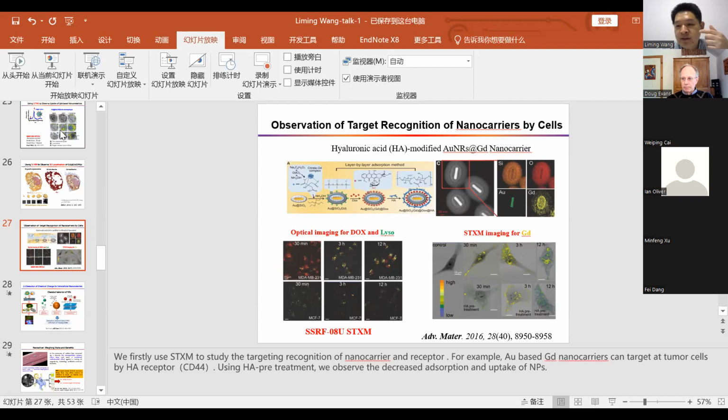In this case, you want to verify which kind of receptor is involved in the uptake. If you want to study that, you can use some antibodies and small molecular inhibitors to block the surface of the macrophage. Then you can see much less uptake or distribution of the metal elements inside the macrophage.